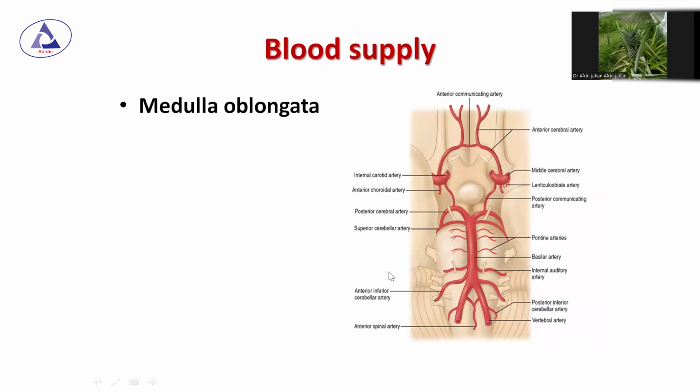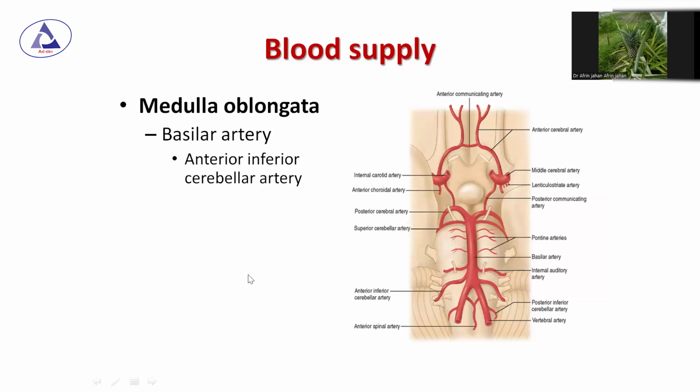Lastly, blood supply of the medulla oblongata. Medulla oblongata is the lower portion of the brainstem. After medulla oblongata, the central nervous system continues as spinal cord. So, medulla oblongata gets nutrition from the branch of the basilar artery and also from the branches of the vertebral artery.